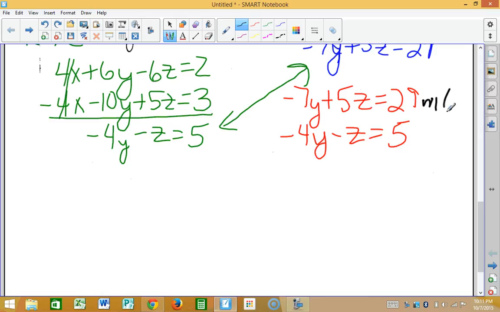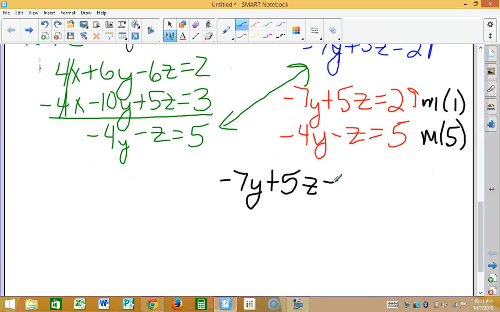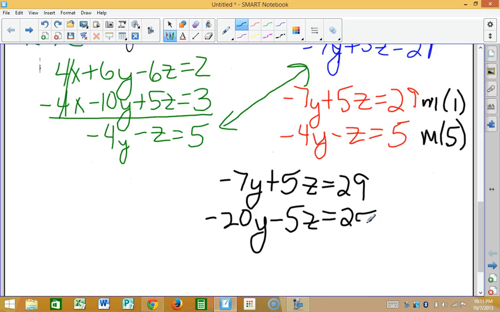So multiply by 1, multiply by 5. Okay, so the first equation ends up being negative 7y plus 5z equals 29. Nothing really changed there. And here we get negative 20y minus 5z equals 25.